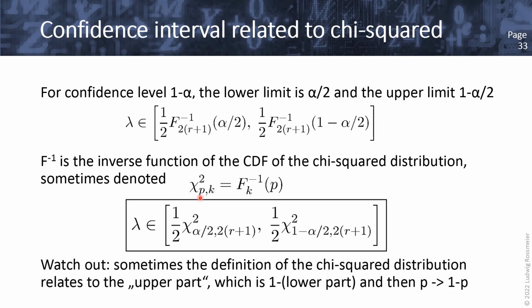One relates to the so-called lower part and one relates to the upper part. And the upper part is 1 minus the lower part. And then you have to replace p by 1 minus p. Unfortunately, the nomenclature is not always the same and it's not strictly defined. Also, you need to take care if you use tables of the chi-squared distribution function, then you need to take care which one really to be used.